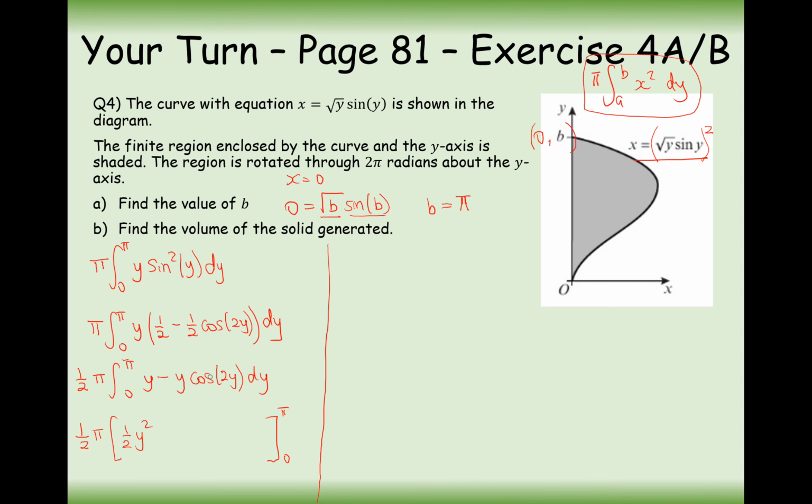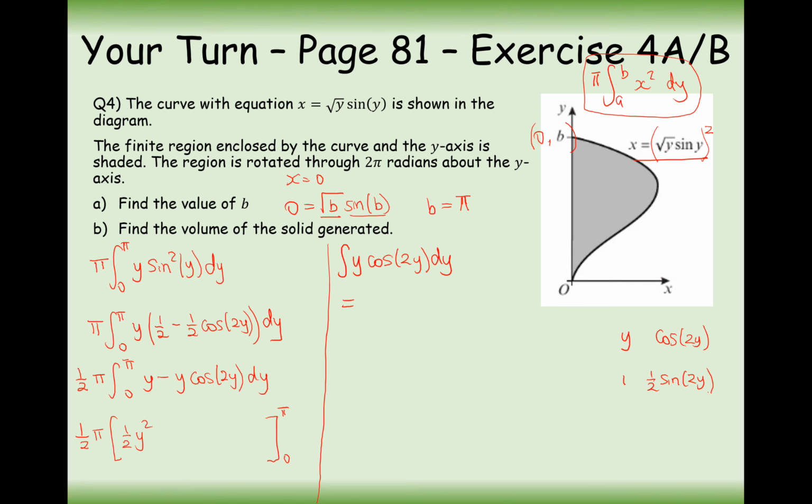So how do we integrate this y cos 2y here? Well, that's going to have to be integration by parts. Y will be the part of it that we differentiate to 1, and cos 2y will be the part we integrate, which will be a half sine 2y. So then, let's calculate the integral of y cos 2y with respect to dy.